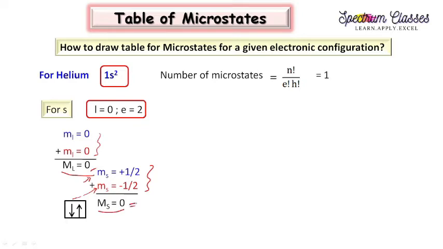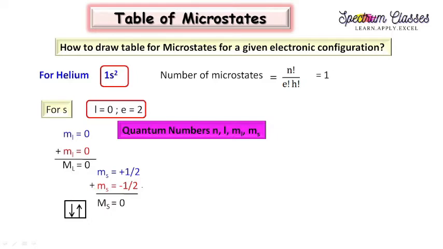If you are confused by these two, I am elaborating these two terms for you. We know the quantum numbers small n, small l, small ml, and small ms. These are the quantum numbers for writing the electronic configuration for a given electron, right? For an s electron, L is equal to 0.